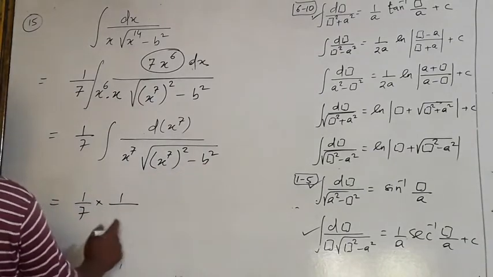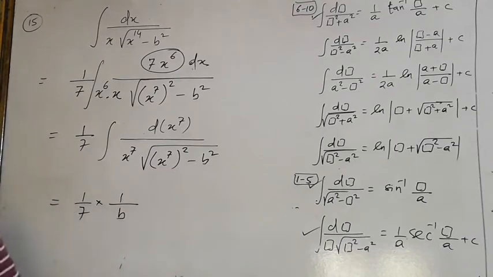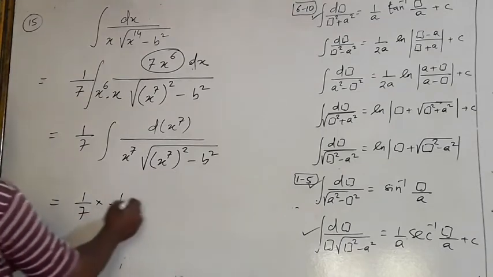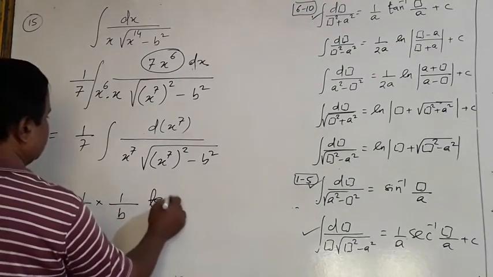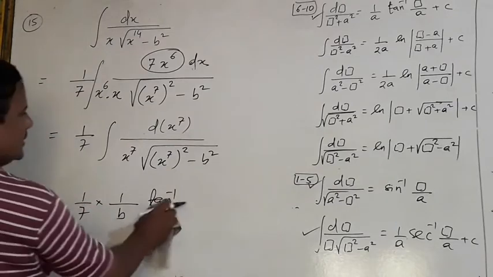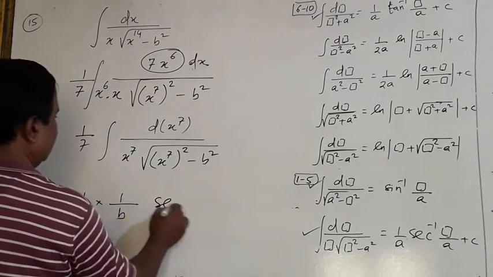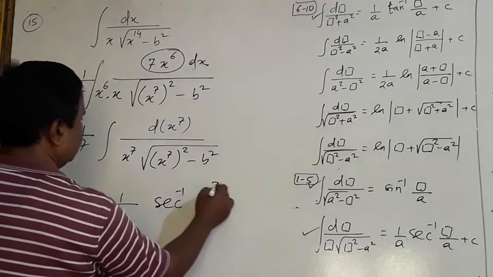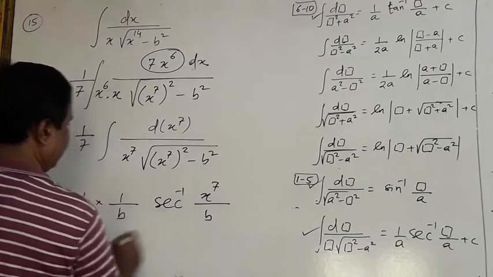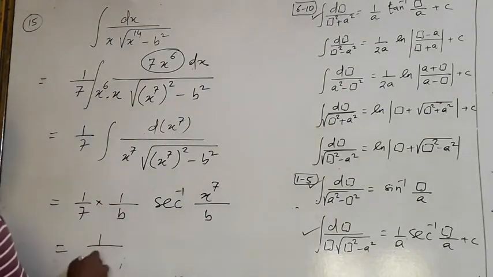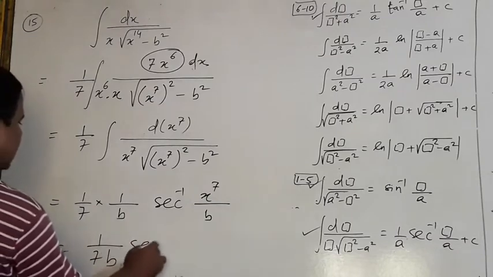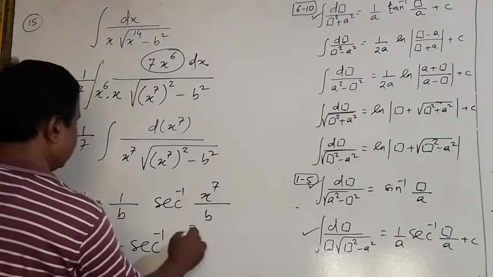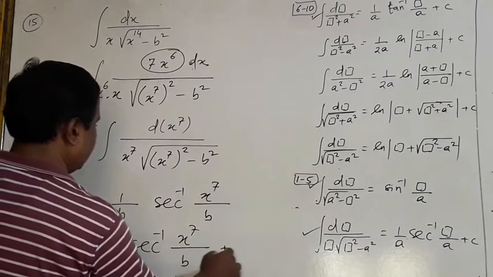A is b here, and 1 by 7 is previously there. So it is sec inverse of x to the power 7 by b, and it becomes 1 by 7b sec inverse x to the power 7 by b plus c.